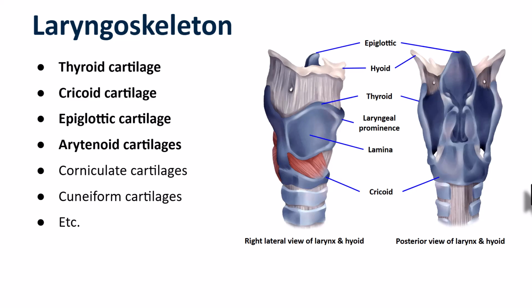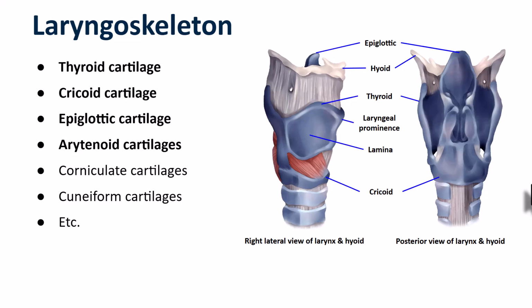The larynx is comprised of various cartilages, and we call the sum total of those cartilages the laryngoskeleton. Now, these are all hyaline cartilage, and they can ossify as an individual ages, and they are invested by mucosa and membranes, and they are attached to one another in articulations that are controlled by intrinsic laryngeal muscles.